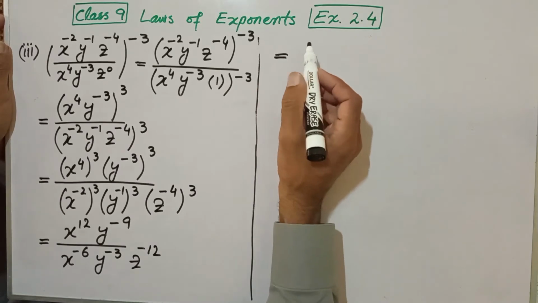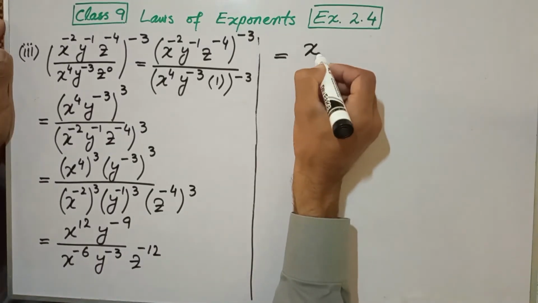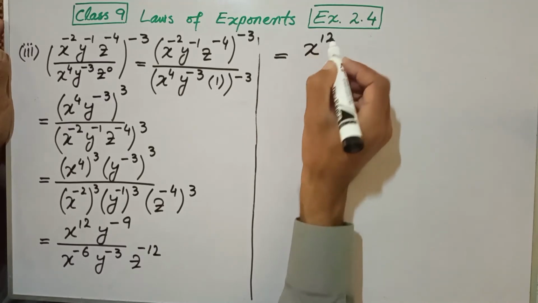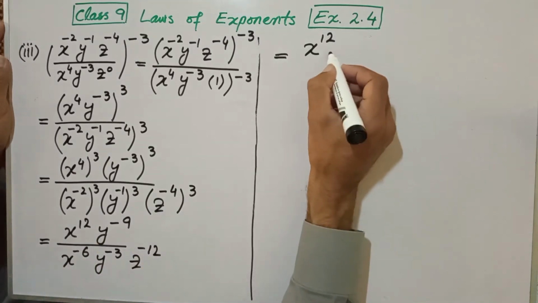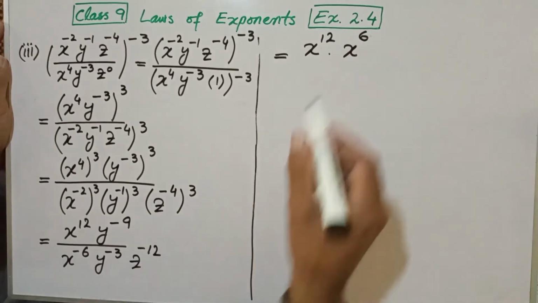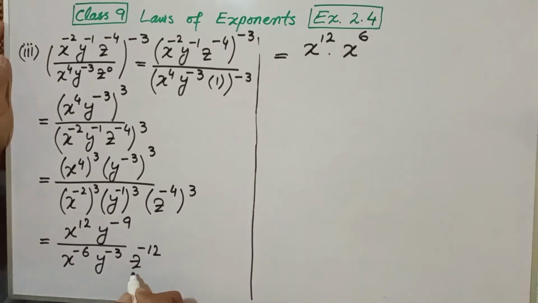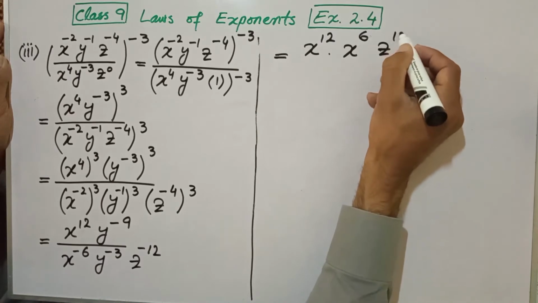This can be simplified as we'll write each expression in the form of a positive power. x 12. Now this is x power negative 6. When this is written in the numerator, the negative power will become positive. So we have x power 6. Then this is z power negative 12, so it becomes z power 12.